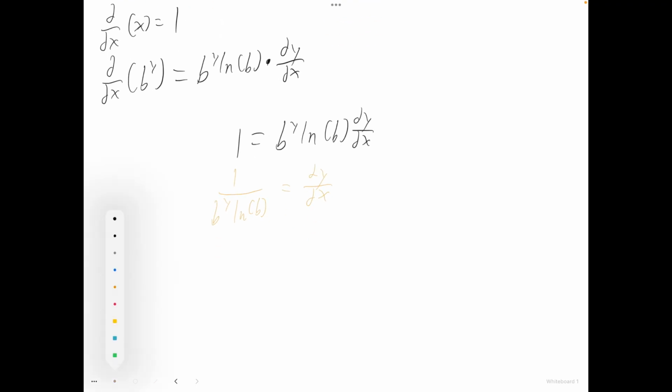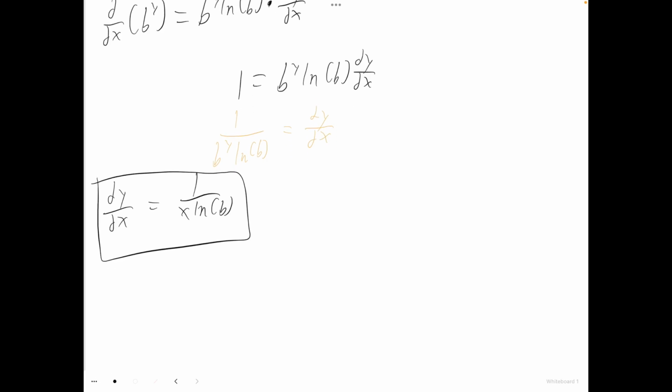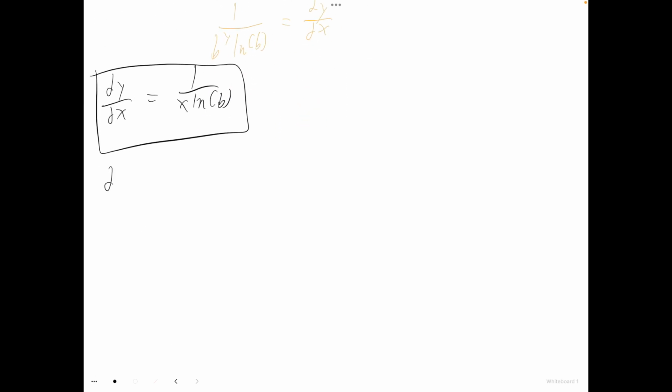Plugging that in, we get dy over dx equals 1 over x ln of b. So the derivative with respect to x of log base b of x is 1 over x ln of b. That's what we've just computed using this process.